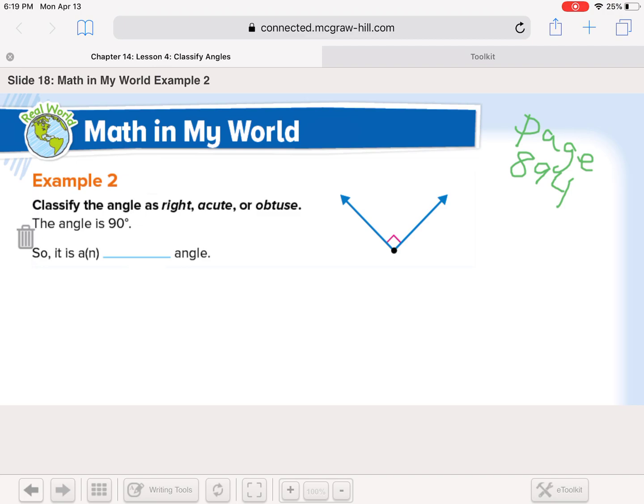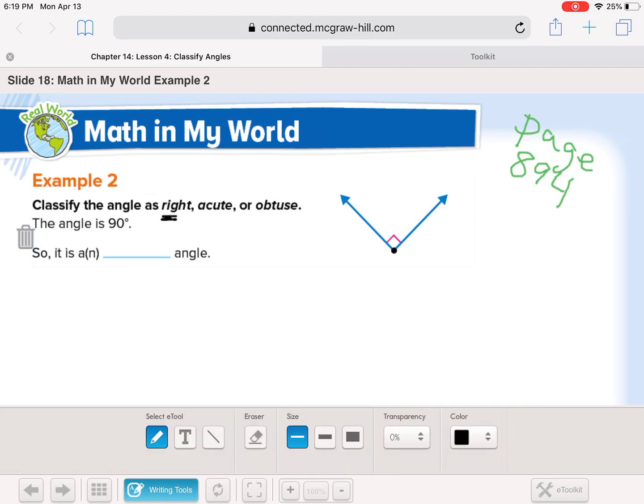All right, so you're still on page 894. Let's look at example 2. It says classify the angle as right, acute, or obtuse. So in this problem, it's saying that the angle is 90 degrees. And it's also making that little square inside the angle.